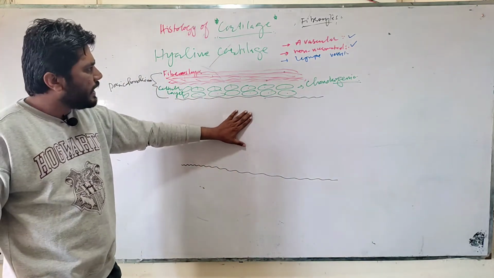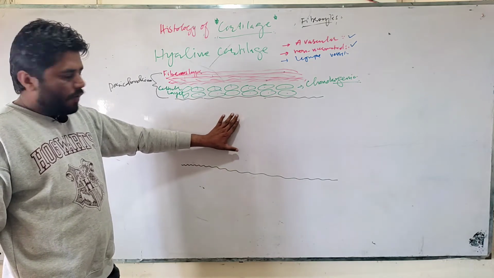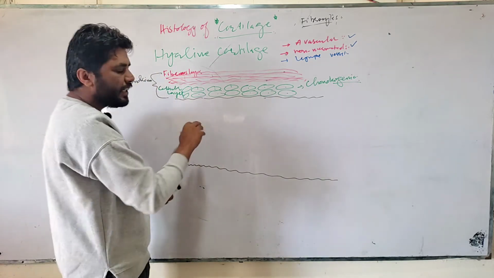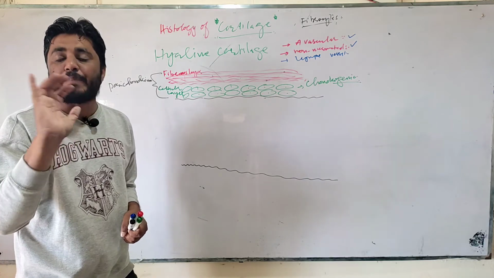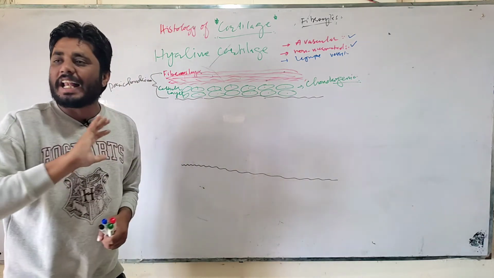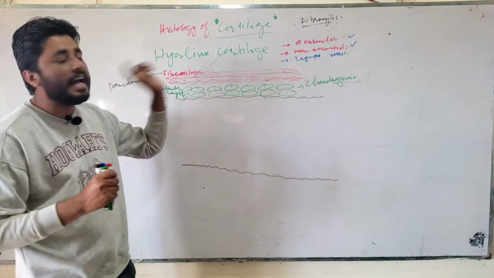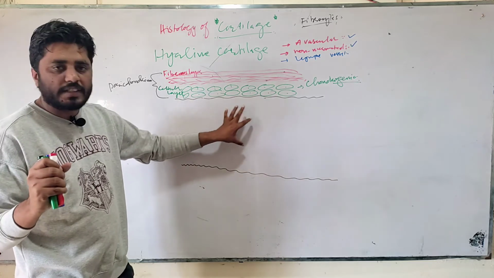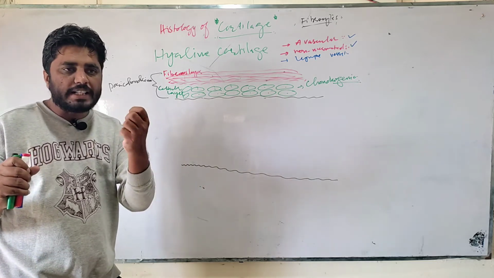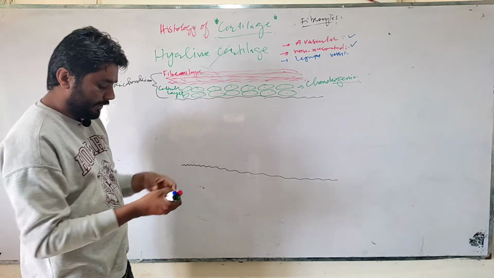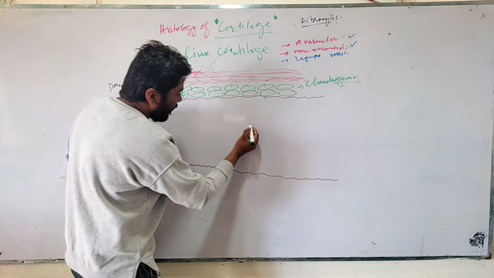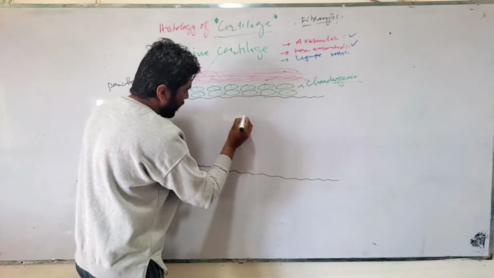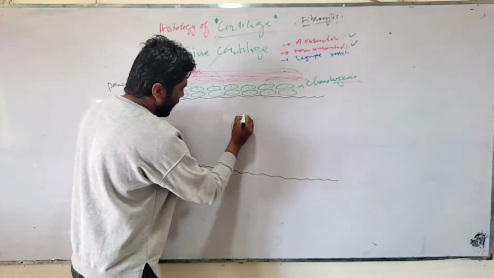When you look into the cartilage, inside you will see this whole area. If this is hyaline cartilage, it will look a little bluish-white, with a glassy appearance, because the matrix of the cells makes this whole region glassy or a little bluish. Here you will find some cells surrounded by some area like this.